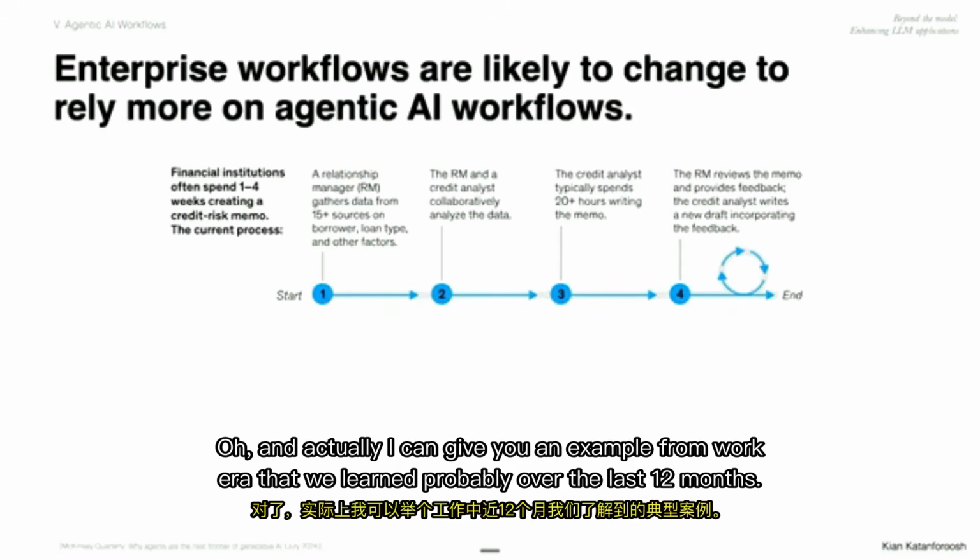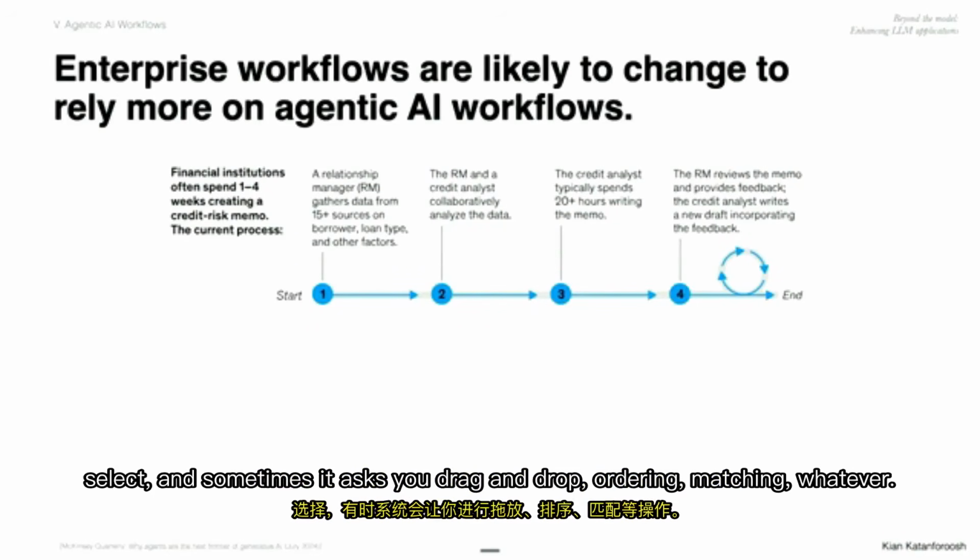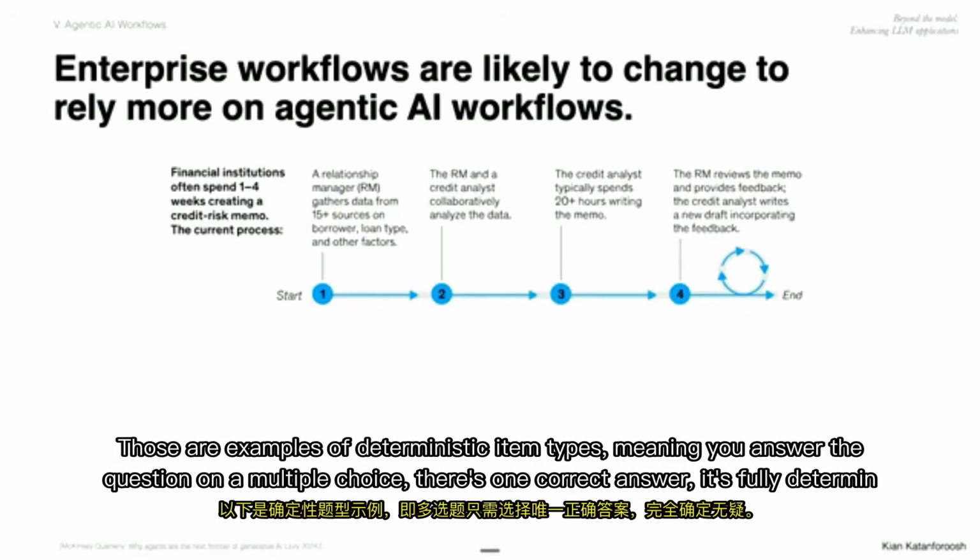Actually, I can give you an example from Workera that we learned over probably the last 12 months. If you've used Workera, you might have seen that the interface sometimes asks you multiple choice questions, sometimes multiple select, and sometimes drag and drop, ordering, matching, whatever. Those are examples of deterministic item types, meaning you answer the multiple choice question, there's one correct answer.